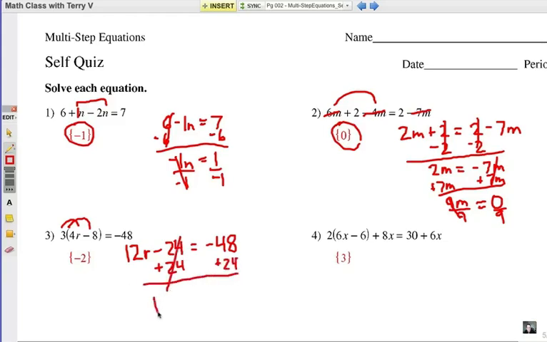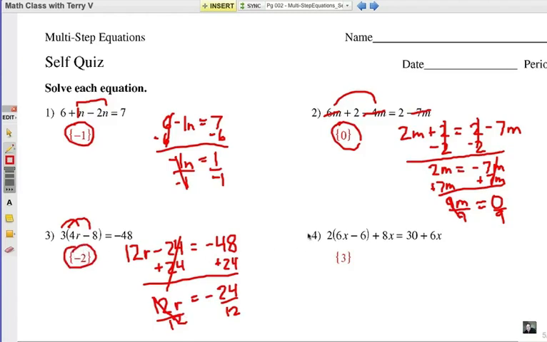So now I have 12r equals 48 and 24 are opposite signs, and the negative sign is the bigger of the two numbers. So that gives me a -24. Obviously, my last step is to get rid of this 12 by dividing it, and you can see why r would have to be a -2. All right, I hope you did okay on that one.